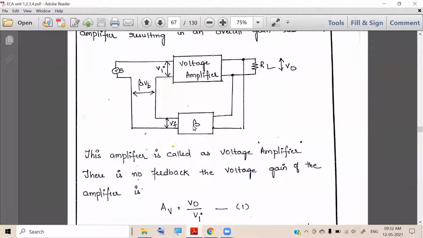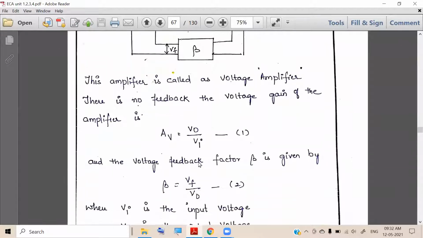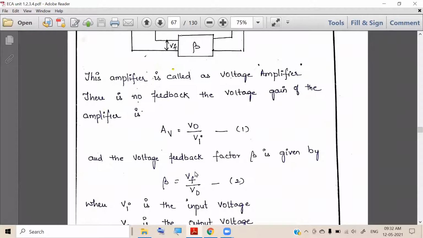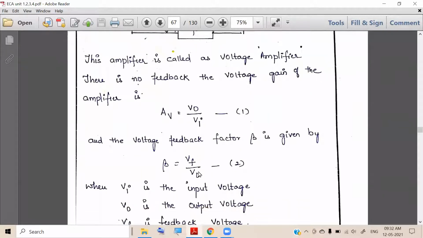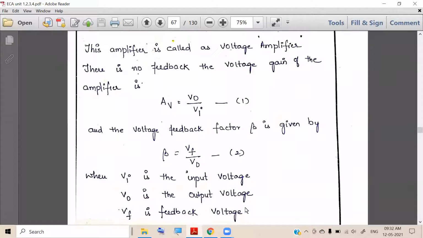So beta is nothing but its output divided by input. So beta is VF by V naught. Vi is the input voltage, V naught is the output voltage, Vf is the feedback voltage.